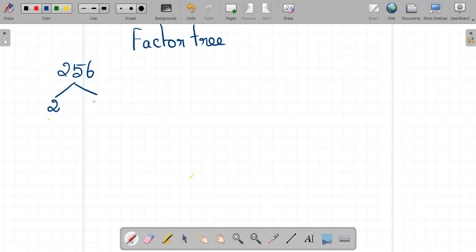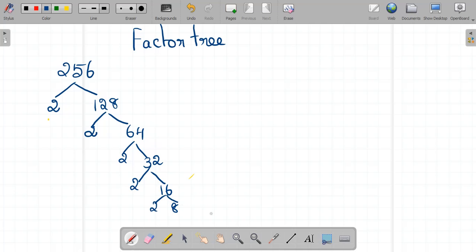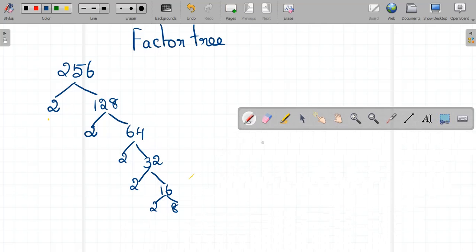So this becomes 2 times 128. 128 is an even number, so I say 2 times 64. Now 64 is an even number, so it is 2 times 32. Again it goes on, so 2 times 16. 16 becomes 2 times 8. Now 8 becomes 2 times 4, and 4 becomes 2 times 2.